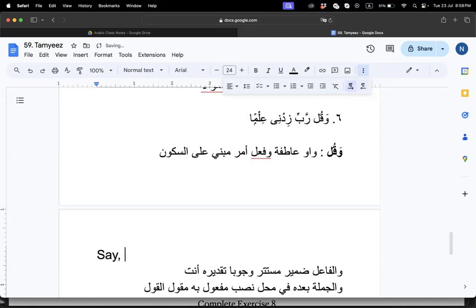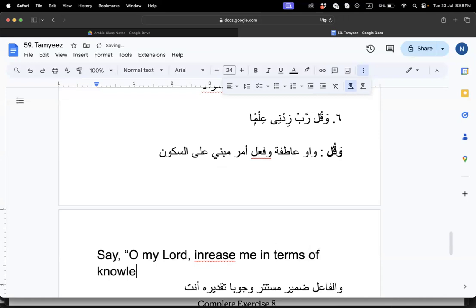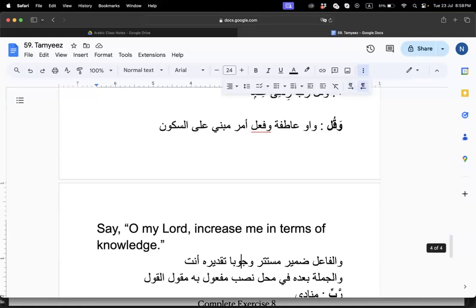Oh my Lord, increase me in terms of knowledge. Yes. So zada is one of the words that usually has a tamyiz. So this one you can try to remember, inshallah.